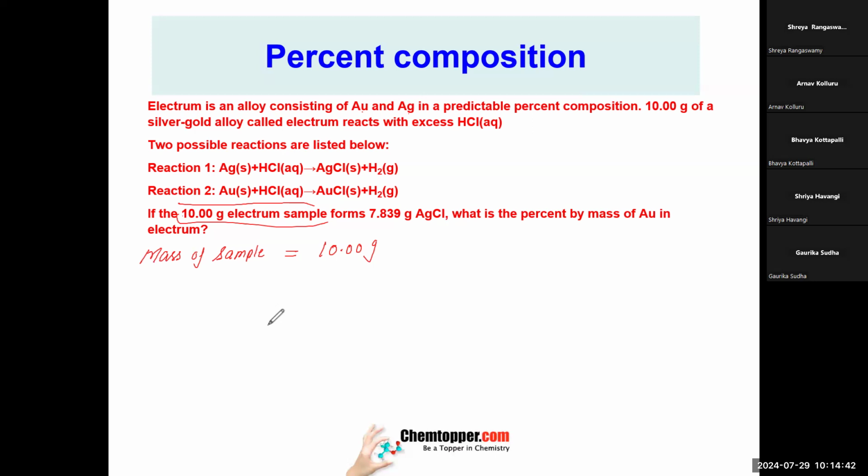What else is given? I have to start with something given to me. Sample mass is impure, right? This one is impure. What else is given?